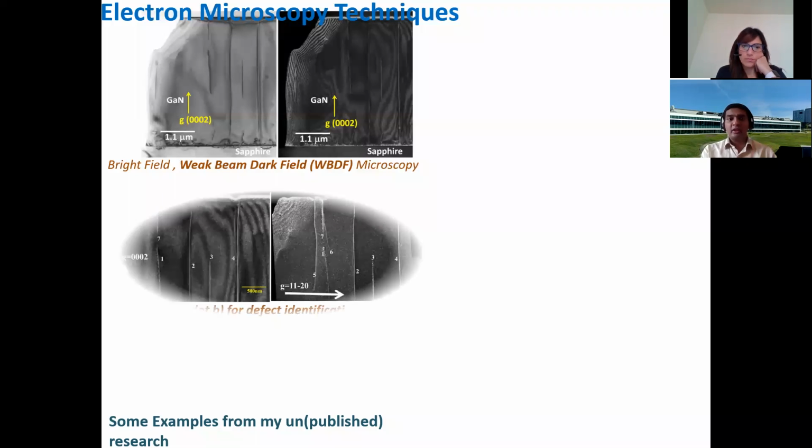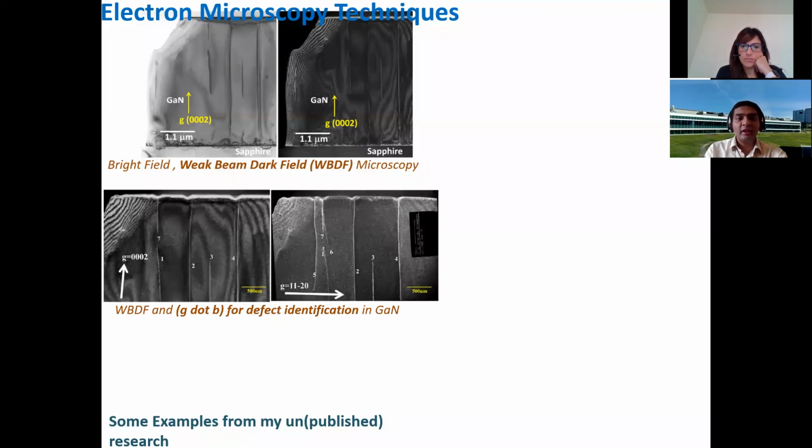The second one that I'm showing here is the analysis of the dislocations. We would have heard about the Burgers vectors of different types of dislocations. Under different imaging conditions, we are able to see different types of dislocations, and then we can find out about the dislocation density that exists in the material.